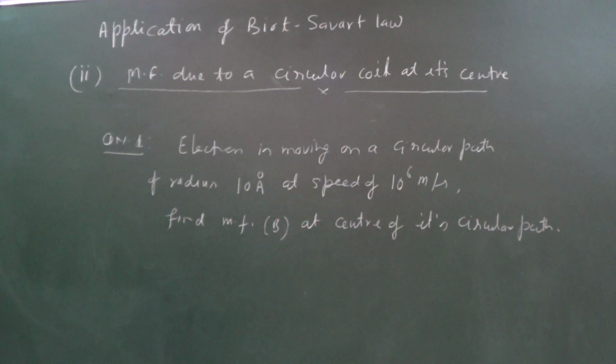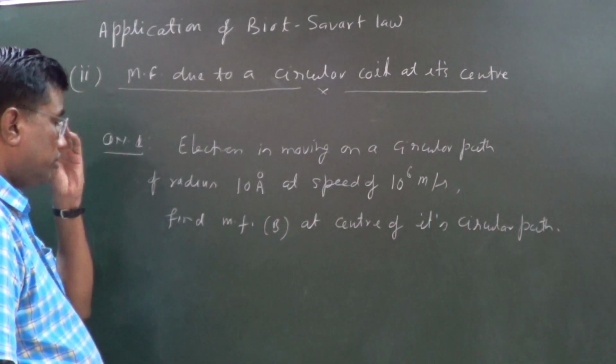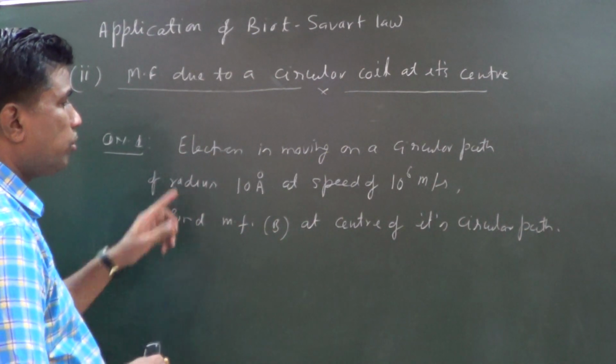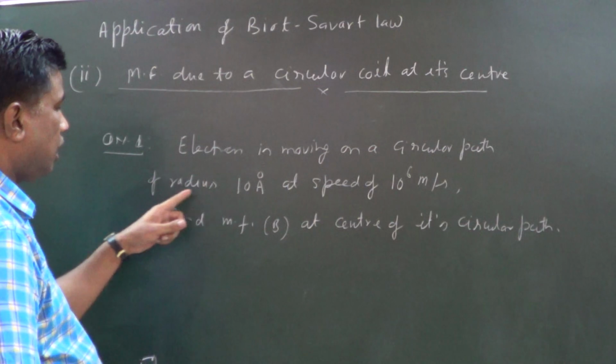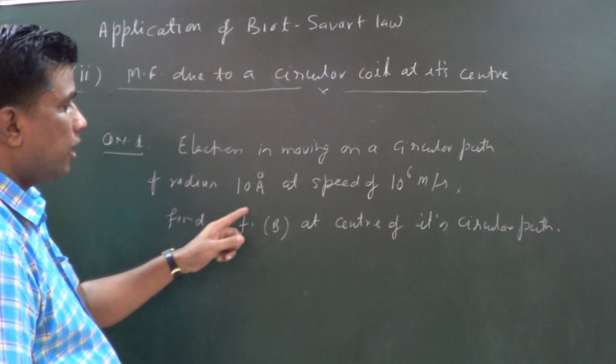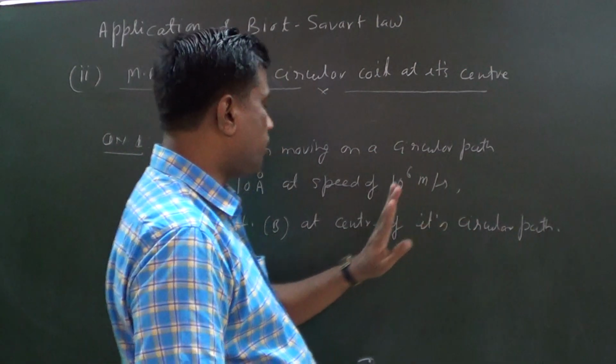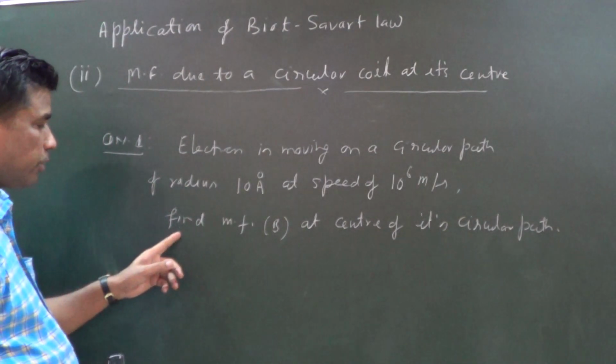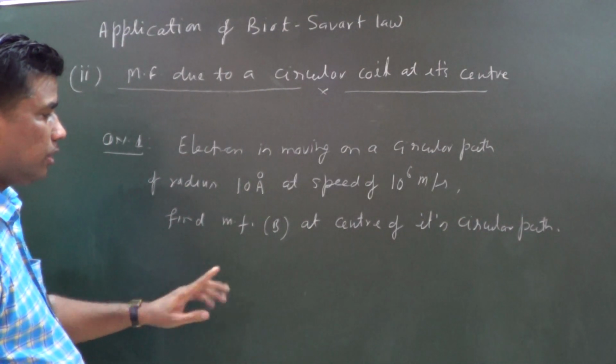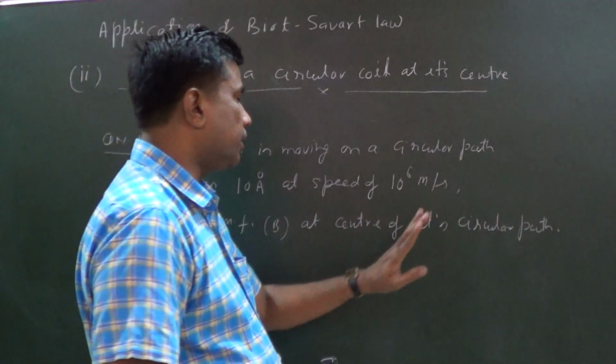I am going to solve it. So students, according to the problem, an electron is moving on a circular path of radius 10 angstrom at a speed of 10 to the power 6 meter per second. We have to find the magnitude of the magnetic field at the center of its circular path.